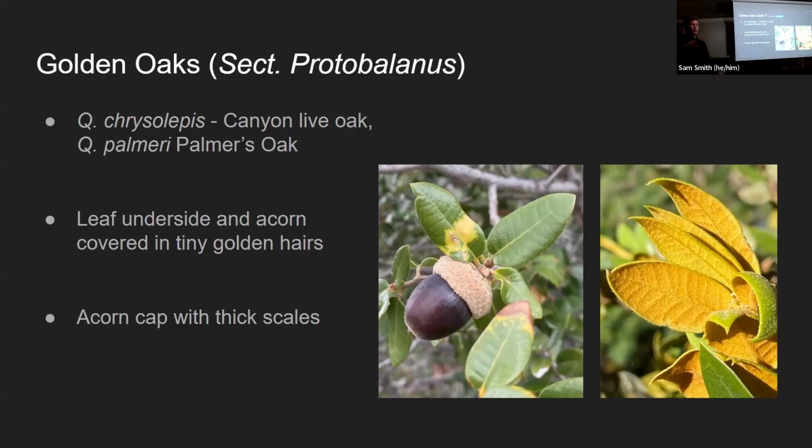And I mentioned that this group is sort of evolutionarily more unique for North America compared to the other two, because the white oaks and the red oaks both are these large lineages that also have distribution in Asia and in Europe, and some in Africa, the white oaks in Africa as well. But then the golden oaks are only a group of like 7 or 8 species that are all in the Southwest. And they happen to have this really unique gall assemblage that's more distinctive, or also maybe less studied compared to the gall assemblages of the white oaks.